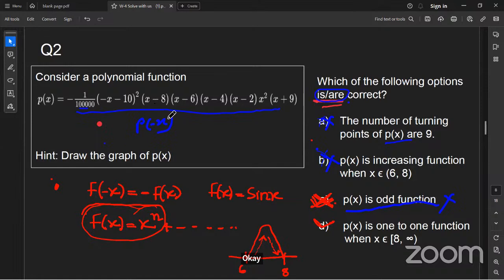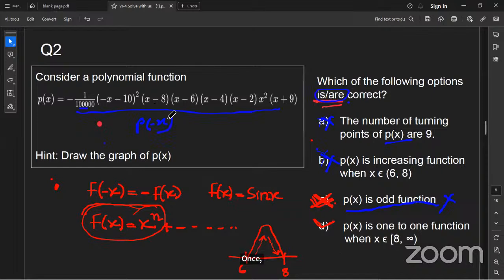Just go through the concepts and try to solve as many questions as you can. Once you understand the concept, what is going on inside, you can easily solve the question.